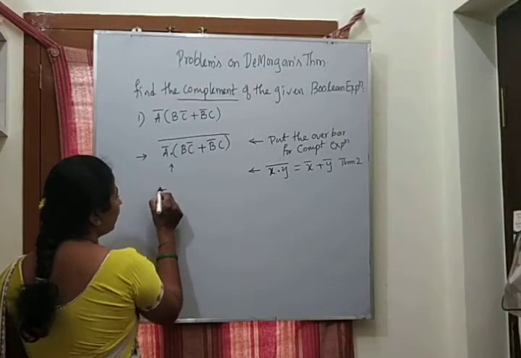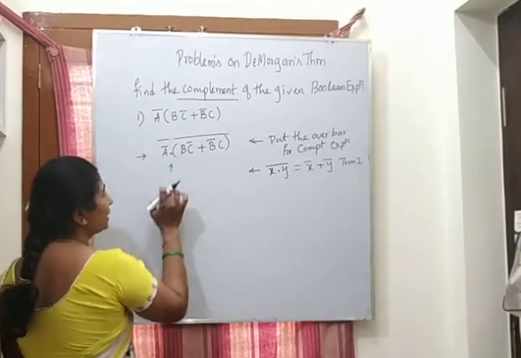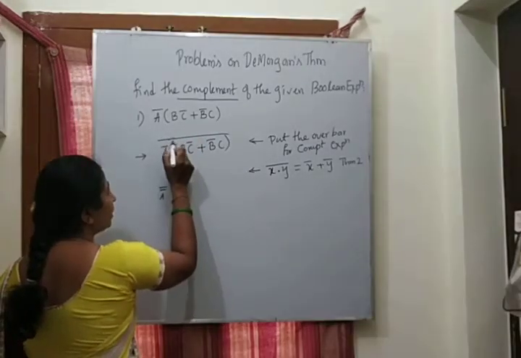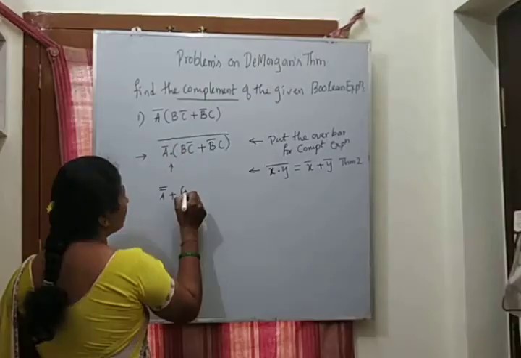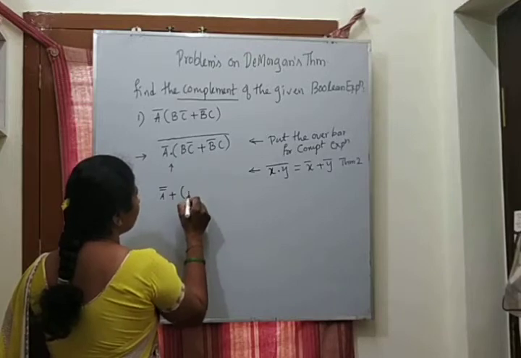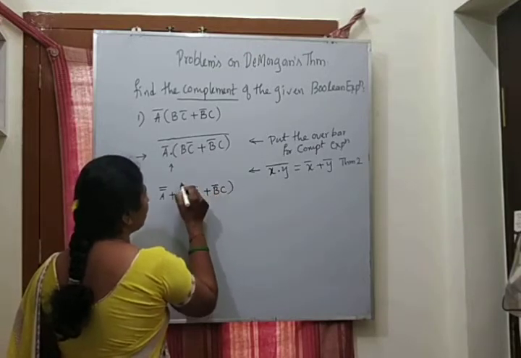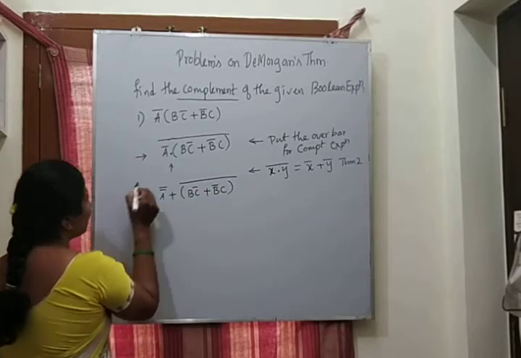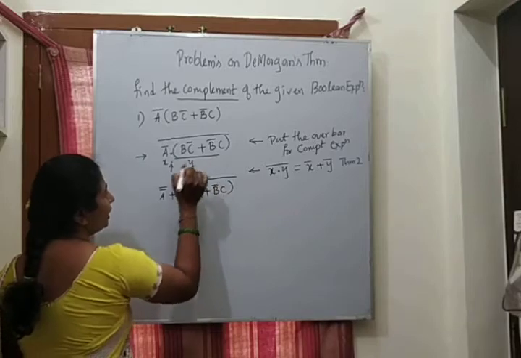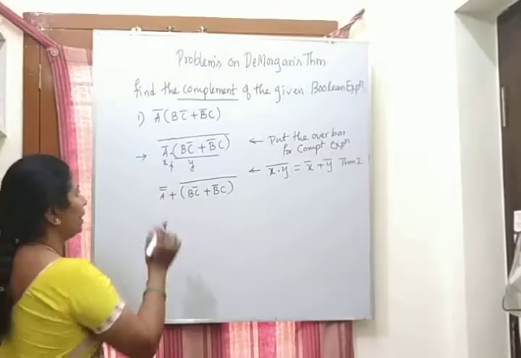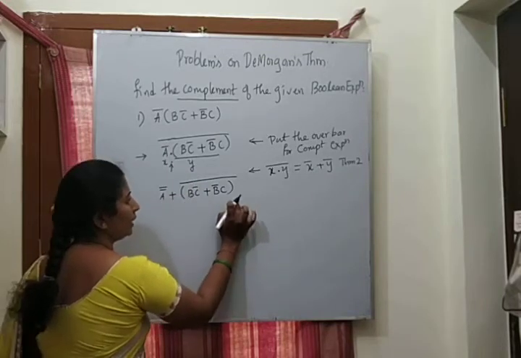Then what will I get? A double dash. That means this gets split into 2 parts. This dot gets changed to plus. This will be completely one part, that means B C complement plus B complement C. This is in the form of x into y, so x dash plus y dash.